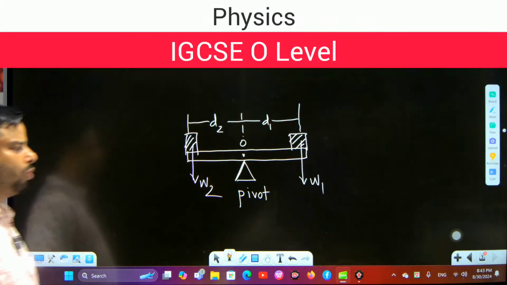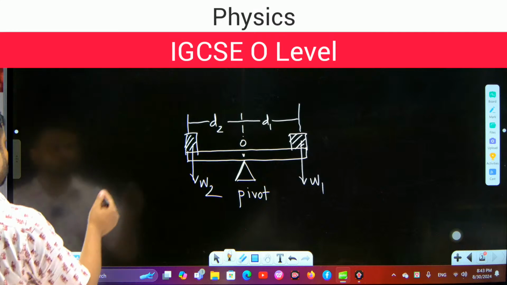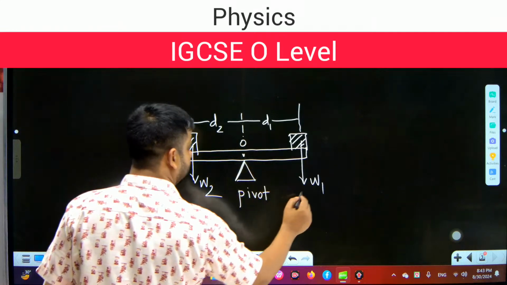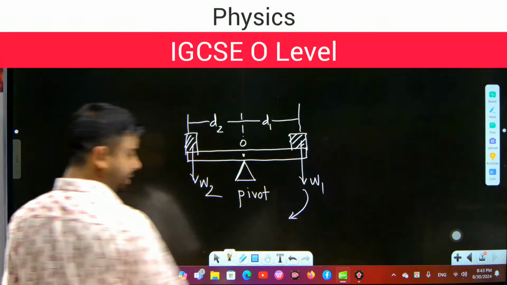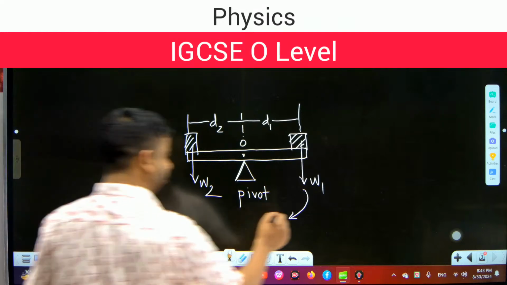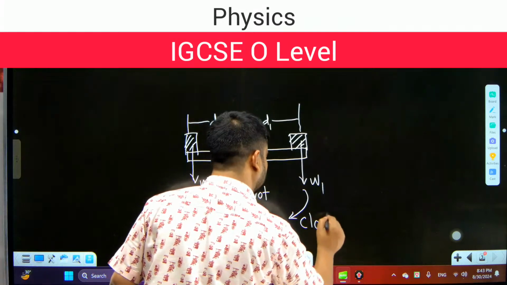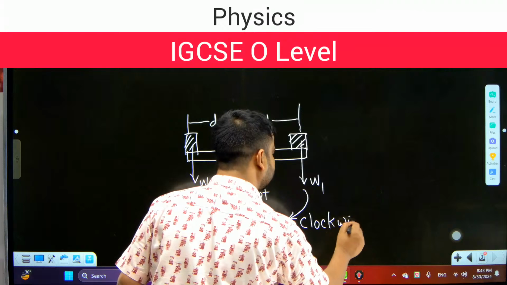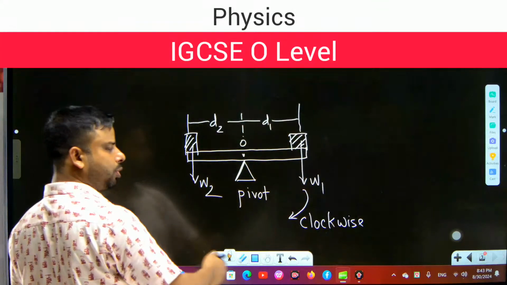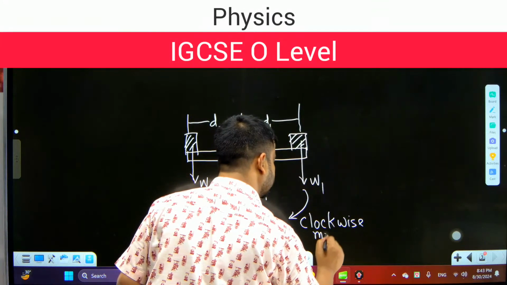So W1 produces clockwise rotation. This W1 produces clockwise moment.